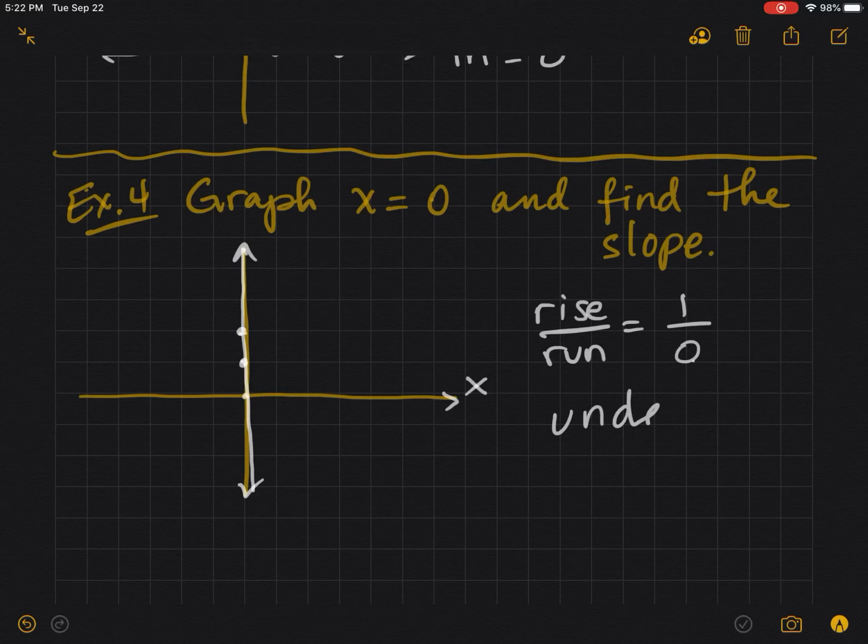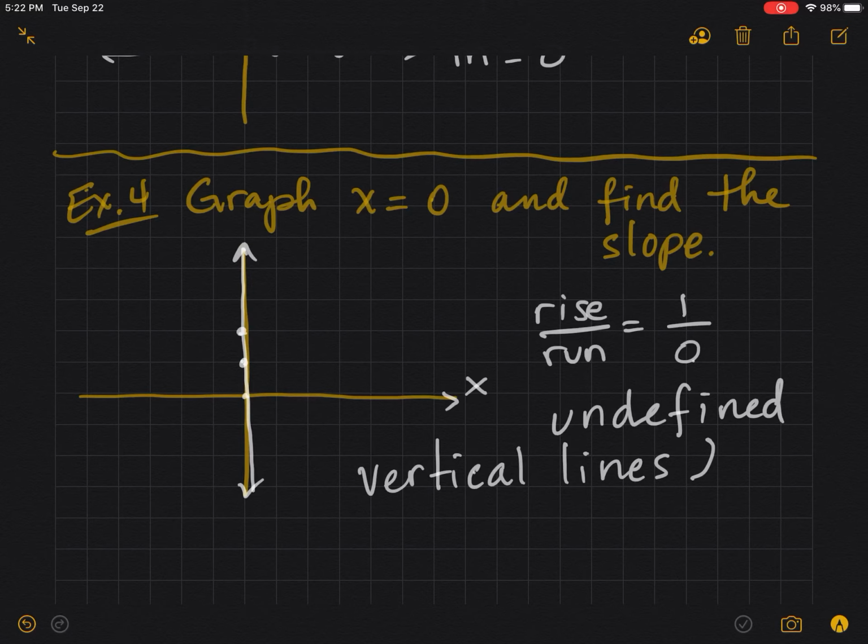So we say that this is undefined. Please remember, always remember, vertical lines have an undefined slope.